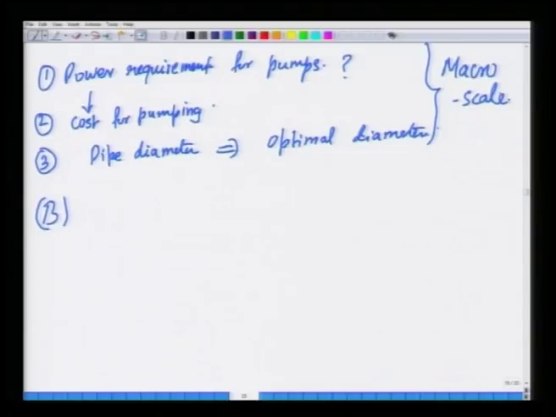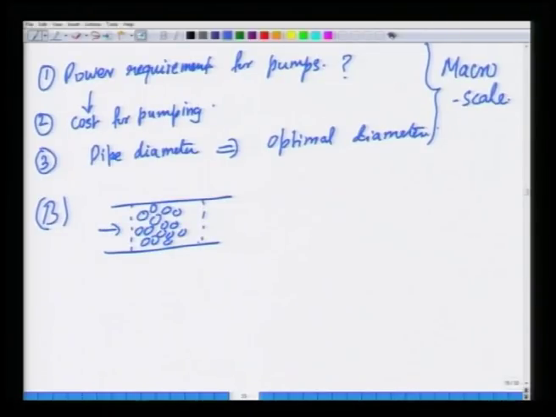Okay. And in another case, you have a packed bed reactor, where you have a bed of particles in a column and fluid is flowing. Here again we can ask questions like, what is the delta P, the pressure difference that is required for pumping the fluid inside a packed bed?